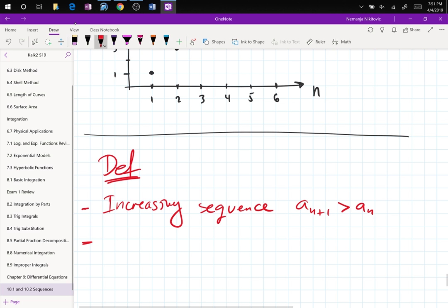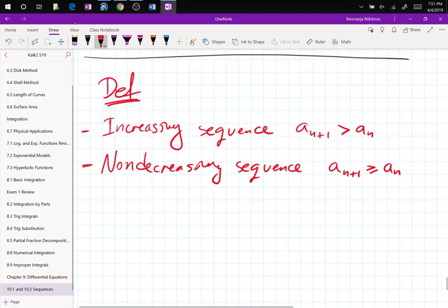Ready for the next one? Non-decreasing sequence. Now, before you scream, can we just call this increasing? No. Because this one allows for the values to be the same between two consecutive terms.